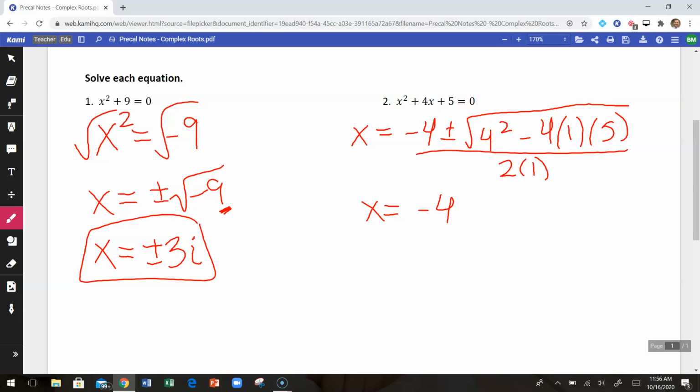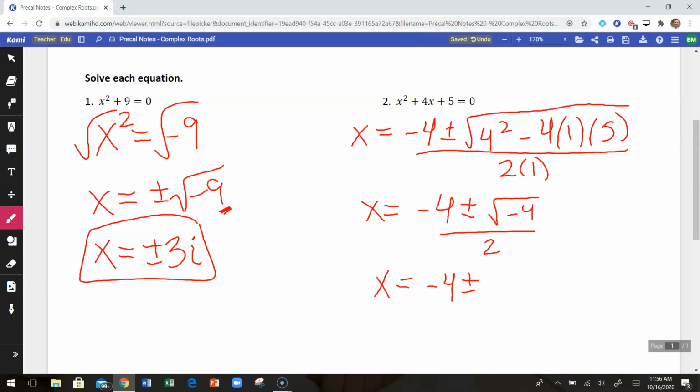I'm going to simplify this down. Negative 4 plus or minus the square root of, on the inside, 4 squared is 16. 4 times 1 times 5 is 20. 16 minus 20 would be negative 4, over 2. So negative 4 plus or minus the square root of negative 4.